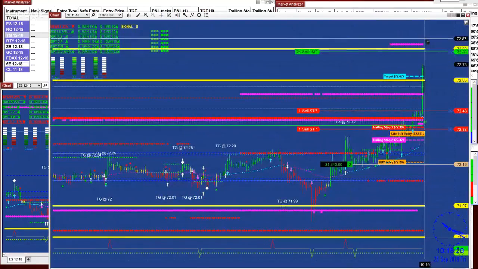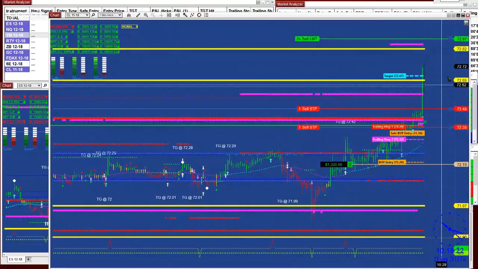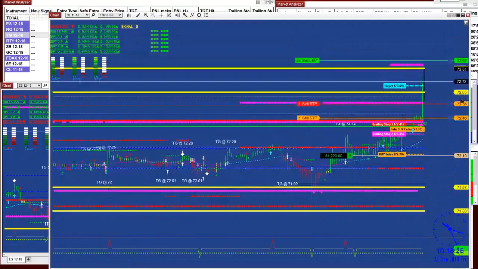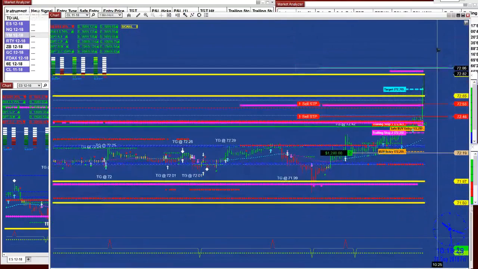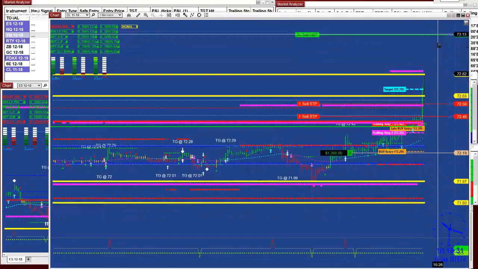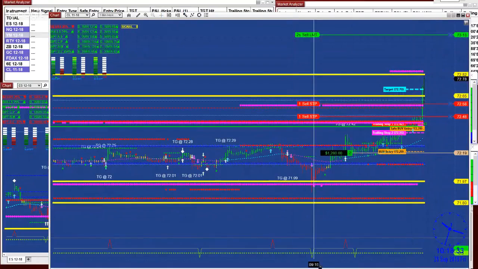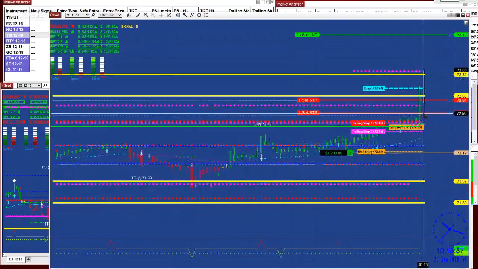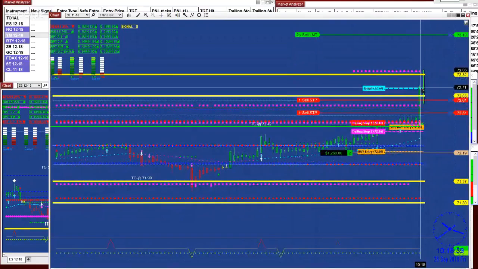Has anybody seen, how many of you see a chart, 1 minute, with a bar that long?